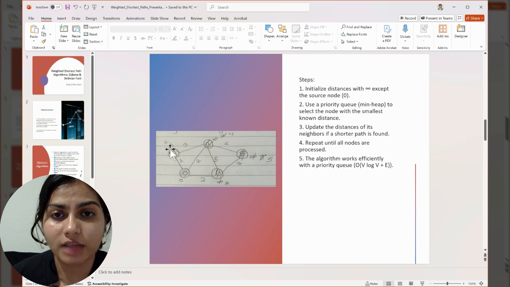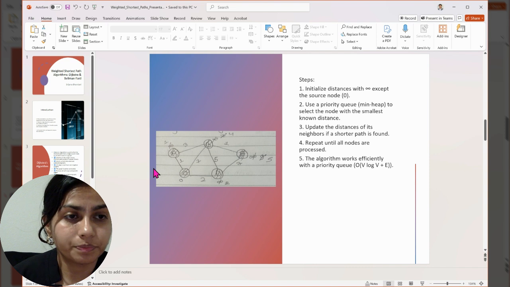That's how it works, and we do the same for B, D and E. At first they were infinity; then I simply sum those numbers and try to get the minimum distance. So at first I set all node distances to infinity except the source node, which is set to 0.